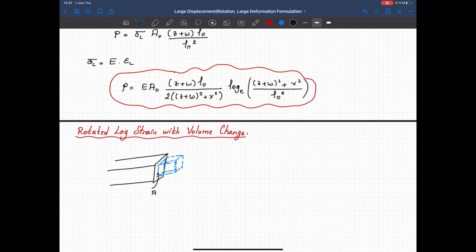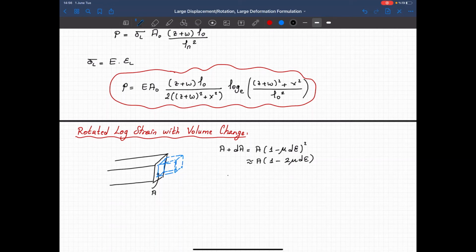So I can say that A plus dA is equal to A times (1 minus Poisson ratio times d epsilon) squared. Okay, and I can approximate that expression as follows. That's approximately equal to A times (1 minus 2 times mu d epsilon).